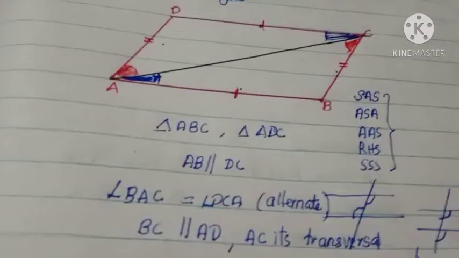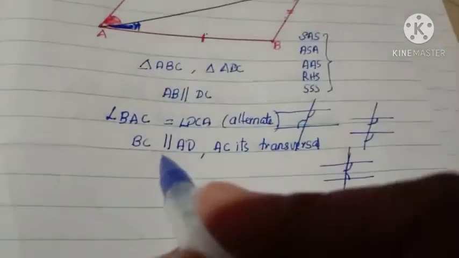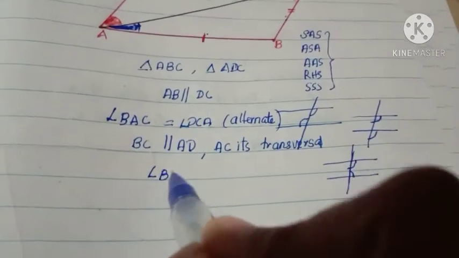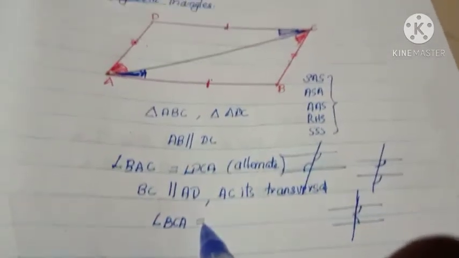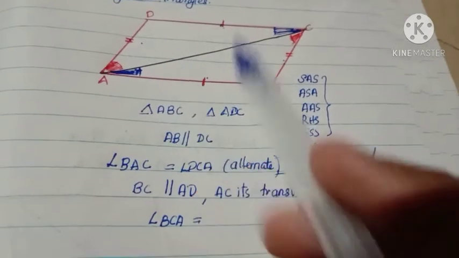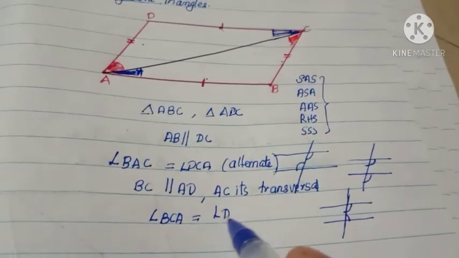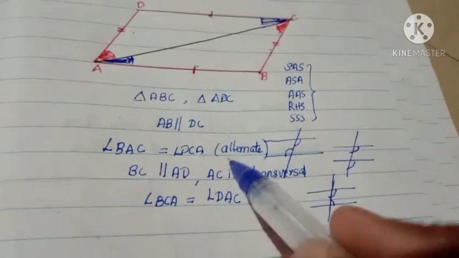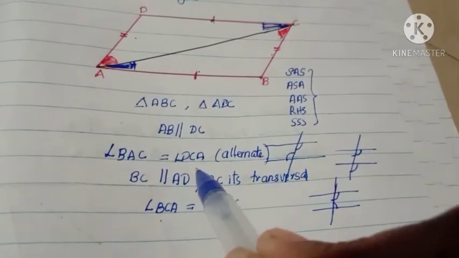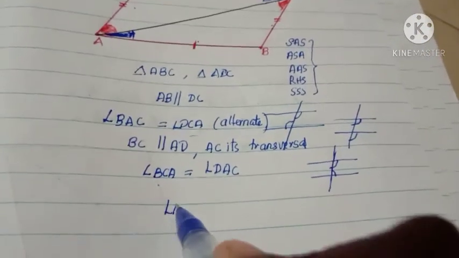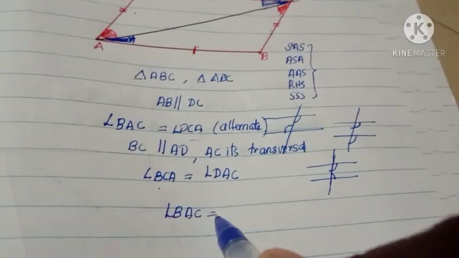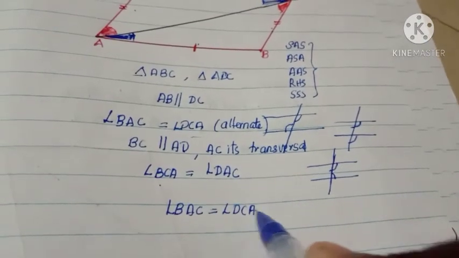So we can write angle BCA equals, what is the angle in this triangle? Angle DAC. So consider these two angles. One is angle BAC equals angle DCA.